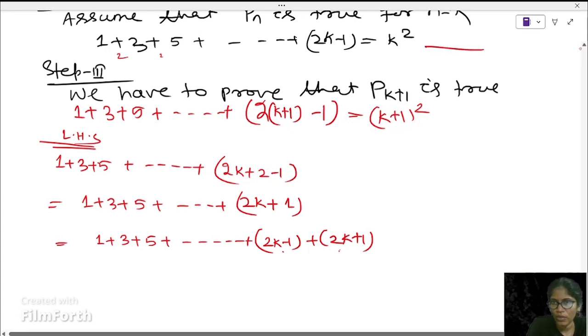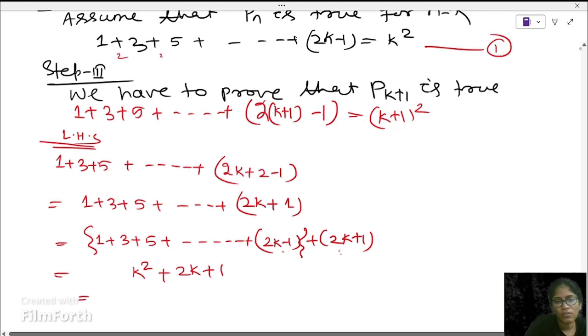That means from this equation, the value of 1 plus 3 plus up to 2k minus 1 is equal to k square, plus 2k plus 1, which is equal to the square of k plus 1.